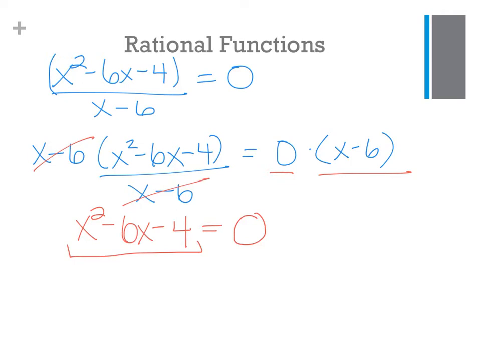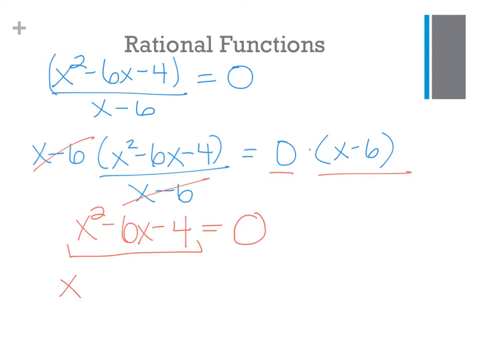I can look at this and try and factor. I don't see two values that multiply to be negative 4 that also add to be negative 6. So looking at this quadratic, I know that it's not going to be factorable. So then I'm going to have to use the quadratic formula to find my solutions.